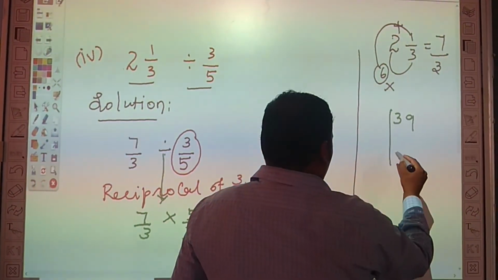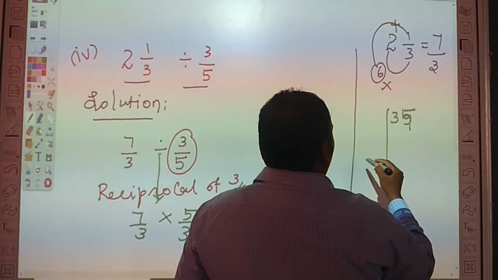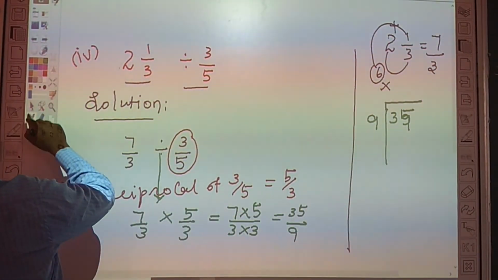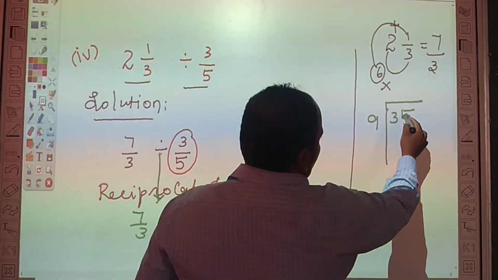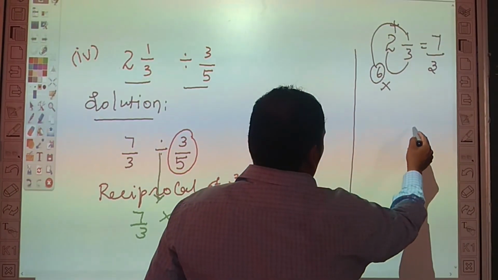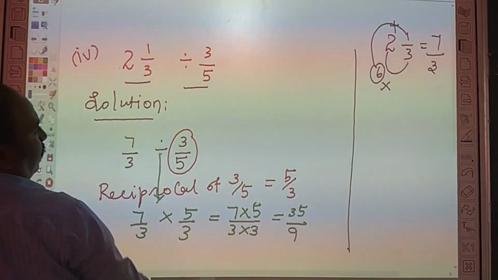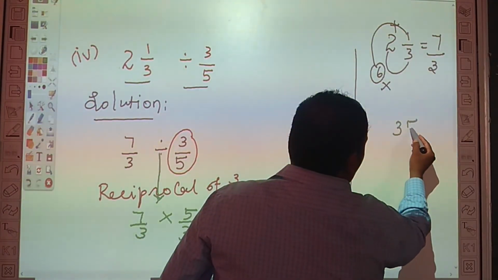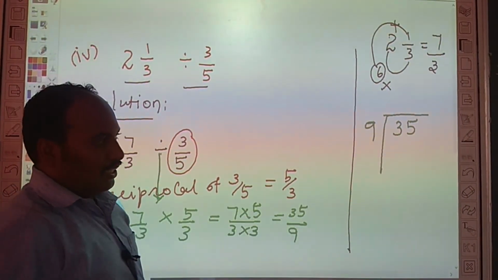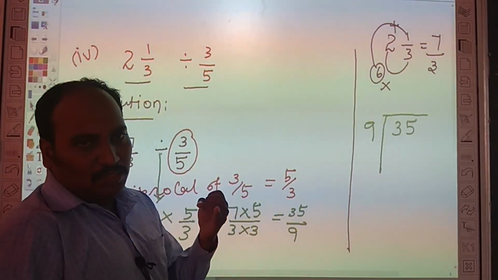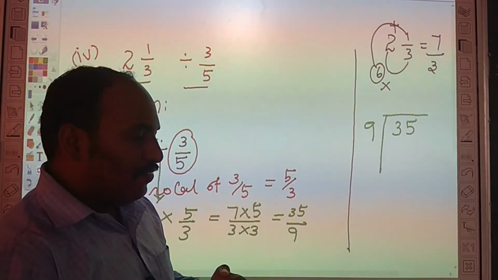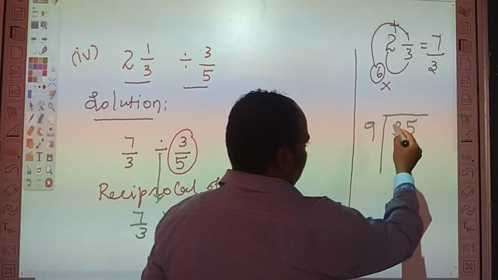We want to divide 35 divided by 9. 1 nine is 9, 2 nines are 18, 3 nines are 27, 4 nines are 45. Here 35 only, so 3 nines are 27.